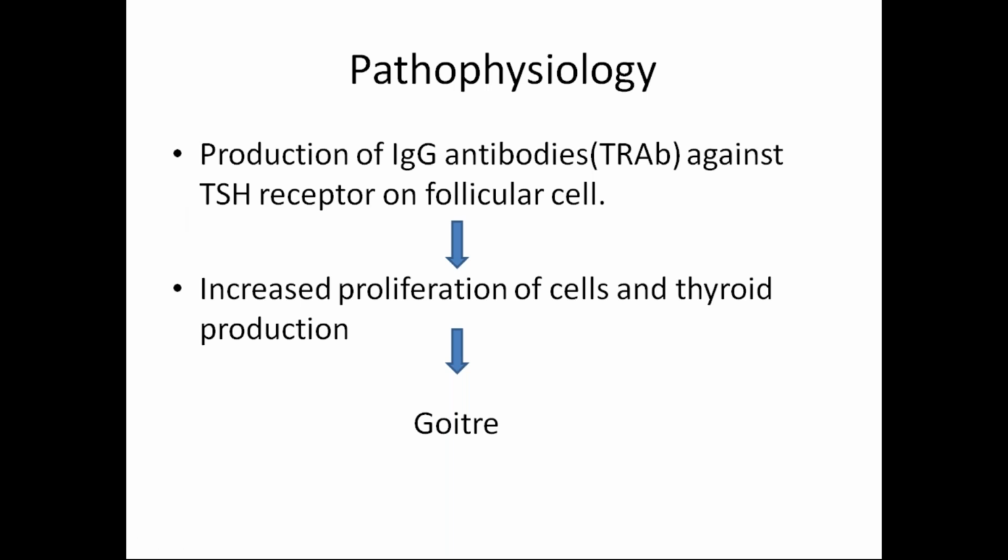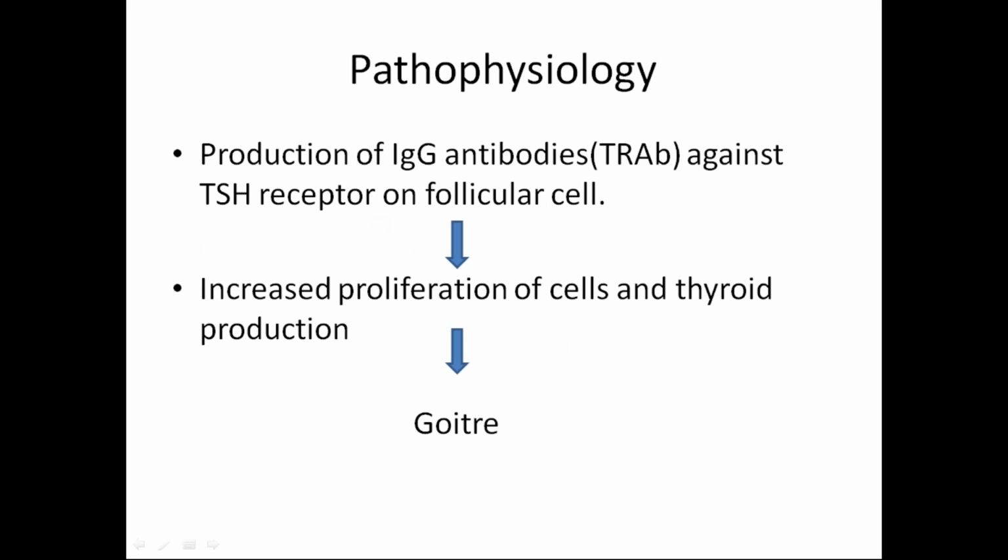The feedback loop is gone now. So the gland has become autonomous and it will start producing T3 and T4 because of the destruction of the TSH receptor. There is no place for the TSH hormone to act on the gland. And it causes increased proliferation of cells and also increased production of thyroid hormone, which in turn leads to goiter.